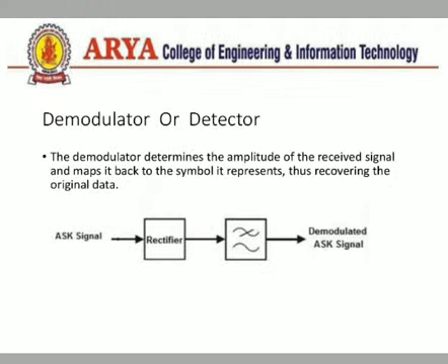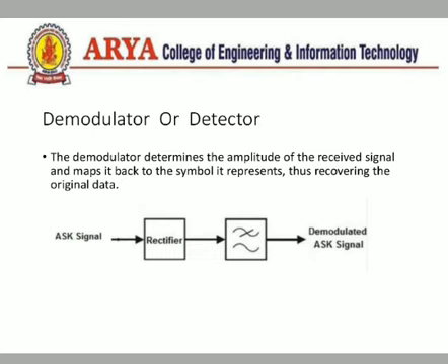ASK demodulation and detection. The demodulator determines the amplitude of the received signal and maps it back to the symbol it represents, thus recovering the original data. It means the incoming ASK signal is applied to one input of the product modulator.